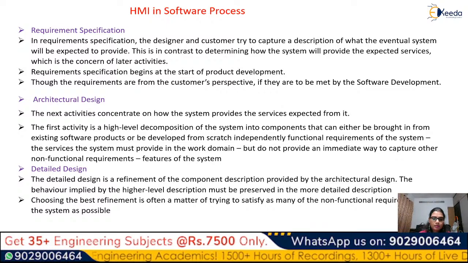So the behavior is implied by the high level description and must be preserved in the more detailed description. That means this high level is being broken into smaller ones, and then refined again. Every time they filter and refine: remove this module, choose another module, take another module.